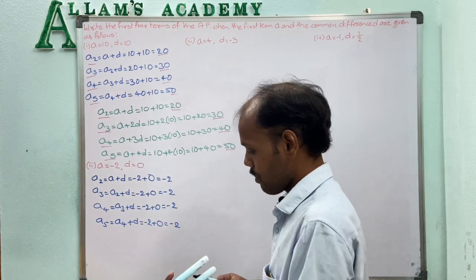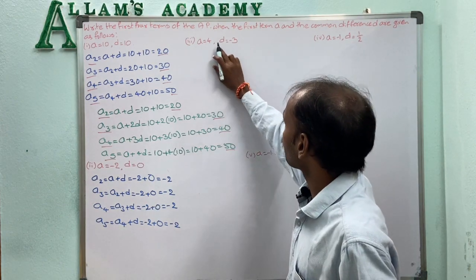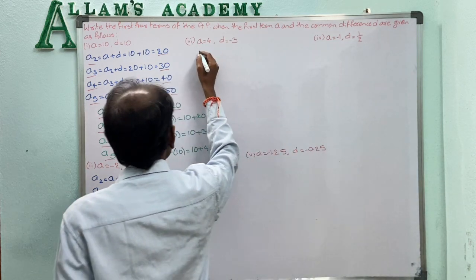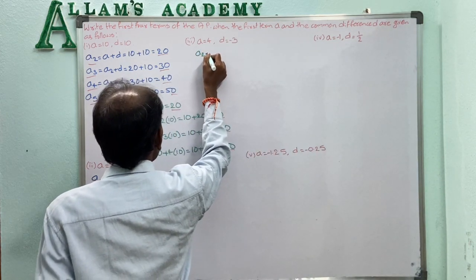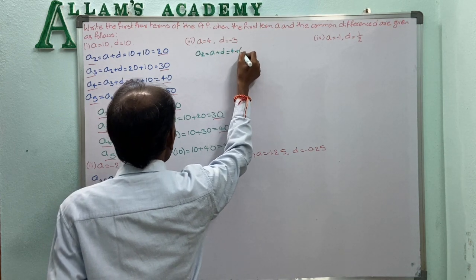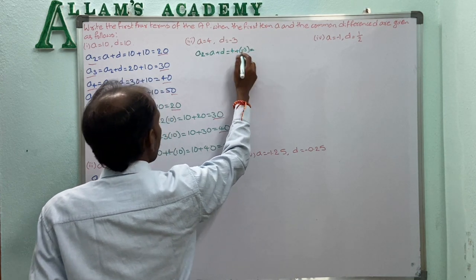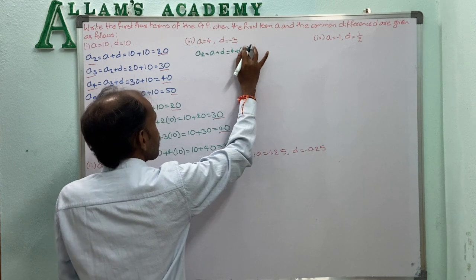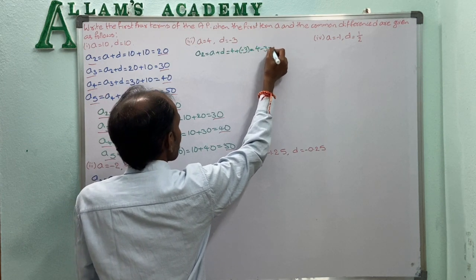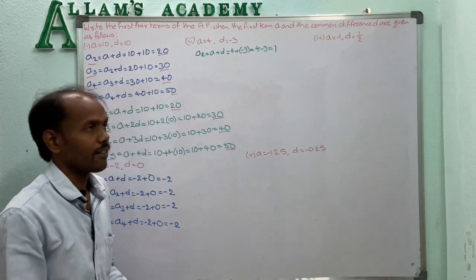Now the next problem given, A equal to 4 and D is minus 3. So the second term A2 equal to A plus D, that is 4 plus of minus 3. So plus into minus is nothing but minus. So 4 minus 3 equal to 1.